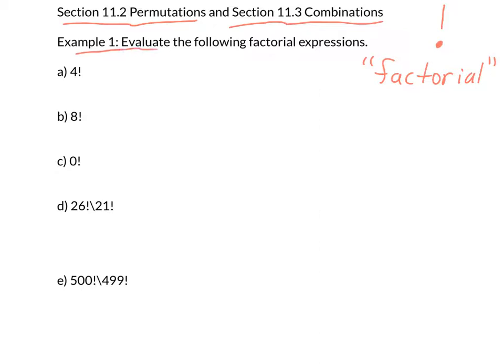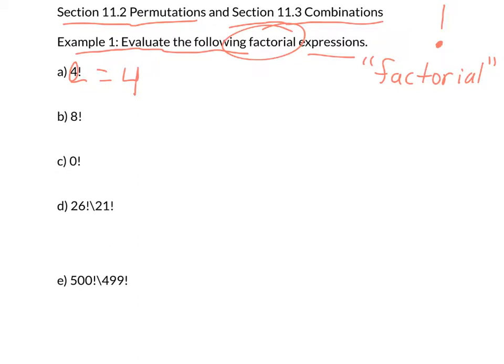It says to evaluate the following factorial expressions. Starting with A, 4 factorial. Whenever you see this factorial or this exclamation point, you're going to start at the number that comes right before it, which is obviously a 4 in part A. What that factorial means is to multiply that number by every single number below it, all the counting numbers, down to 1.